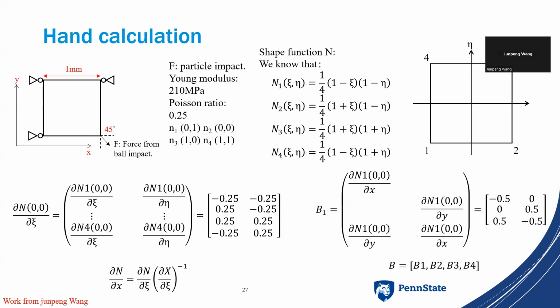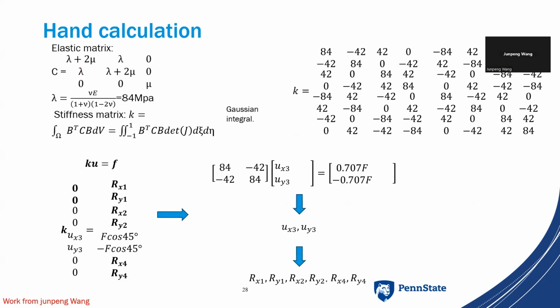Once we know the matrix B, we also need the elastic matrix. It's a very basic three-dimensional elastic matrix for a very simple unit. After that, we can use the equation, the integral of the strain relationship matrix, elastic matrix, and B, to acquire the stiffness matrix.